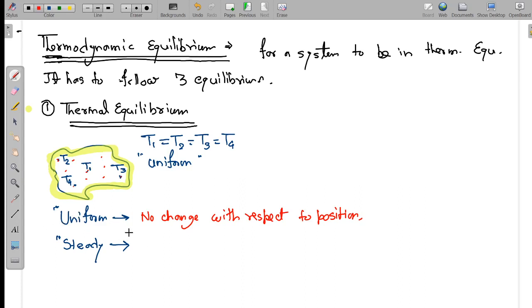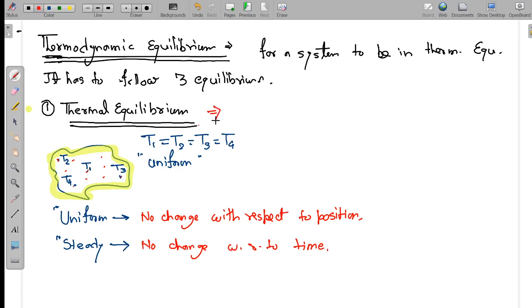Similarly, in case of steady, there is no change with respect to time. Okay, I will elaborate on what steady means in a while. Let us first consider thermal equilibrium.